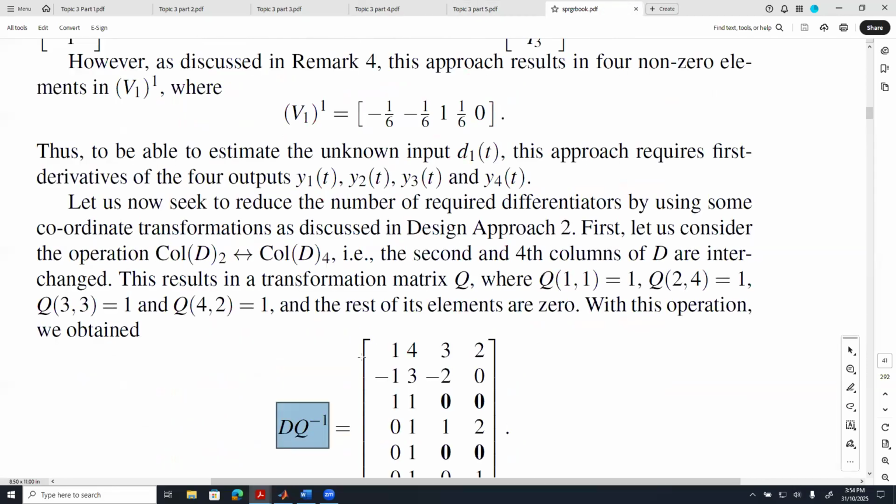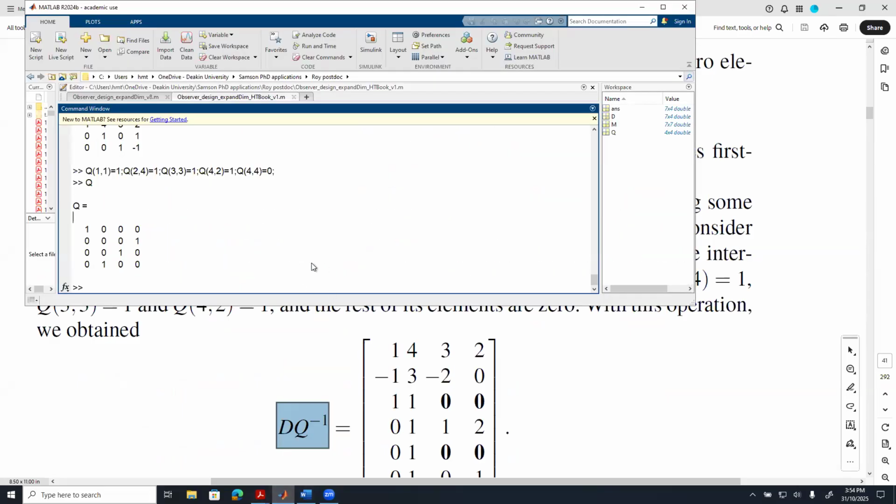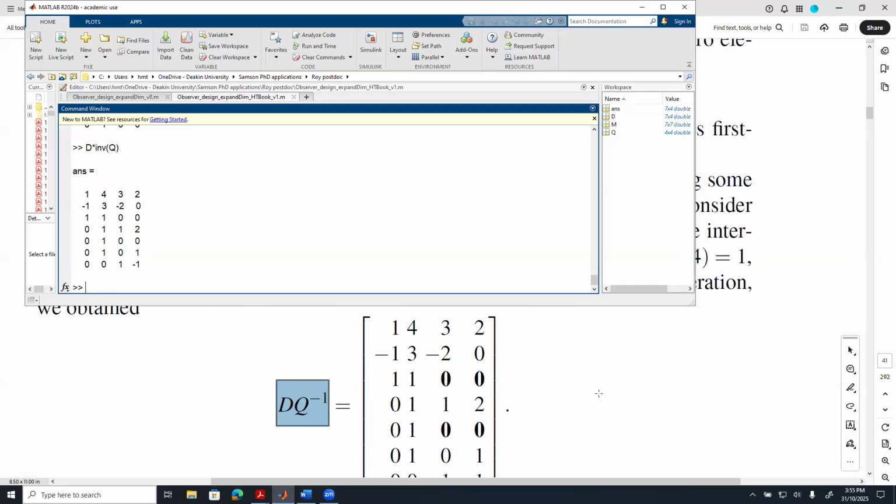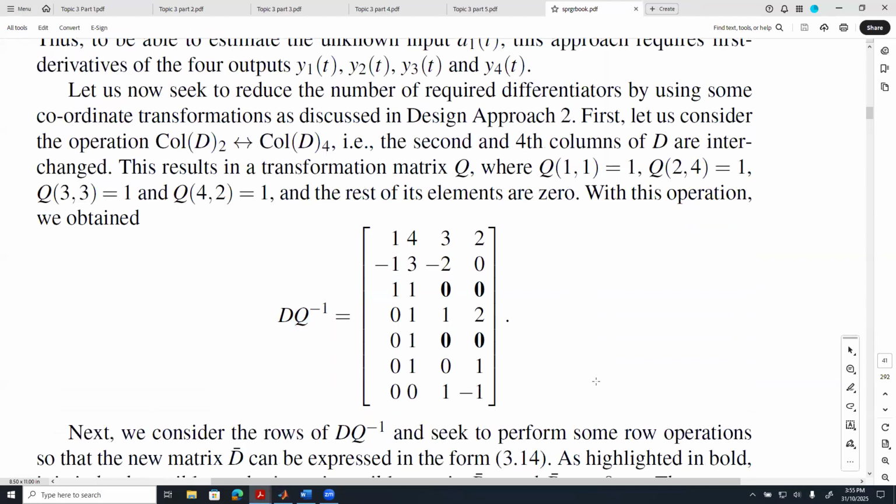The good thing about this is that the inverse of Q is actually Q itself. So let's have a look at D times inverse of Q. Then we get this arrangement of the columns.